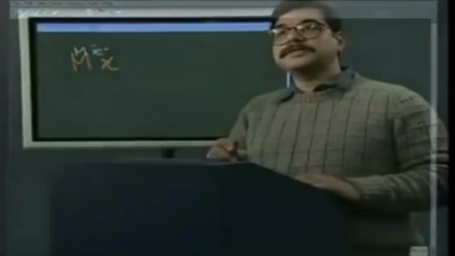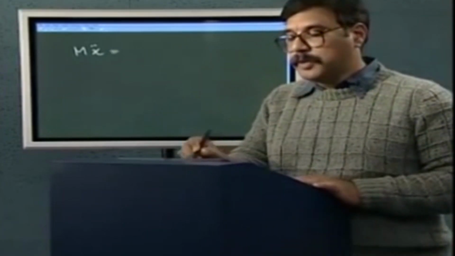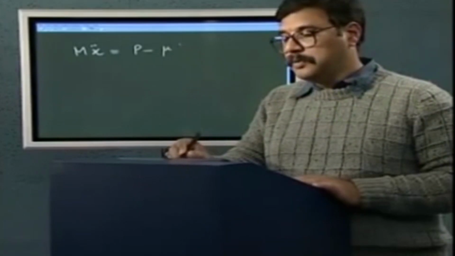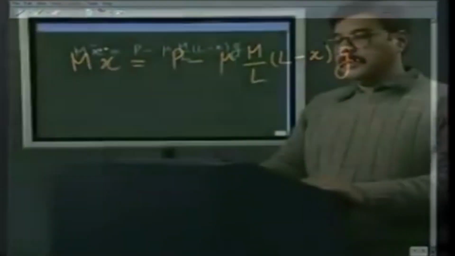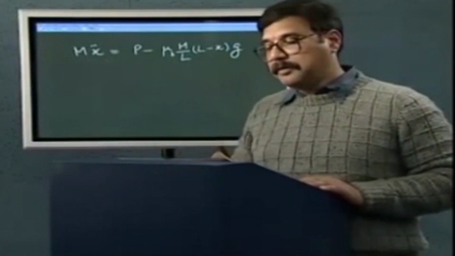the total mass m of the chain moves with acceleration x double dot. Because if the chain has come out by distance x, its acceleration is going to be x double dot, and this is going to be equal to P minus mu m over L times L minus x times g. For simplicity, I have dropped the subscript k here.